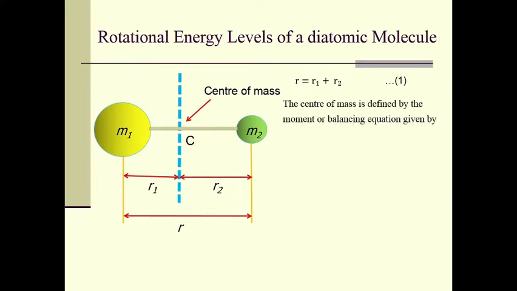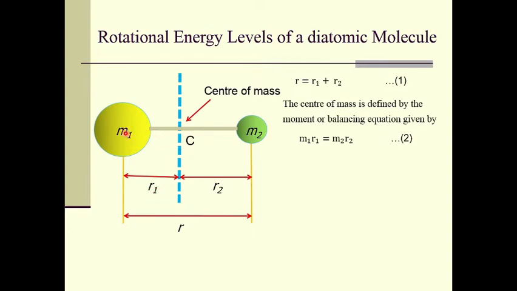The center of mass is defined by the moment or balancing equation given by m1 r1 is equal to m2 r2. That means at the center of mass the two moments are balanced. The moment means the product of mass into the distance from the center of mass.